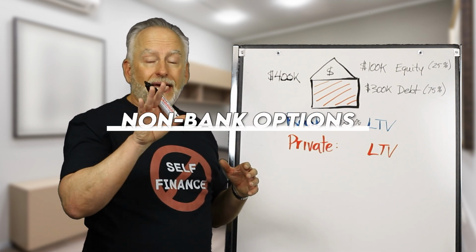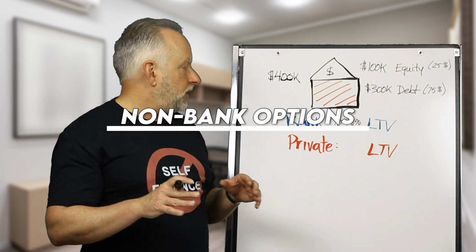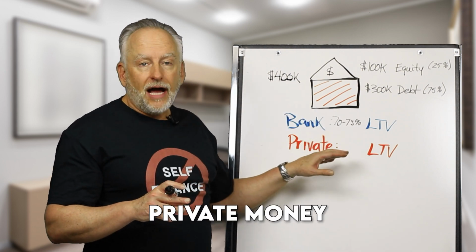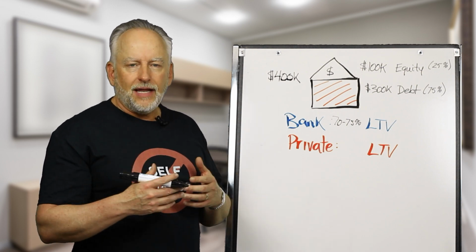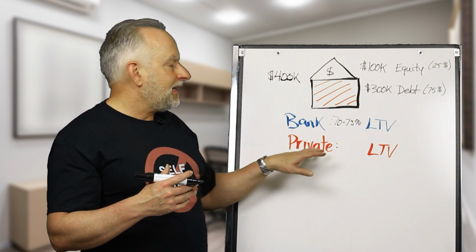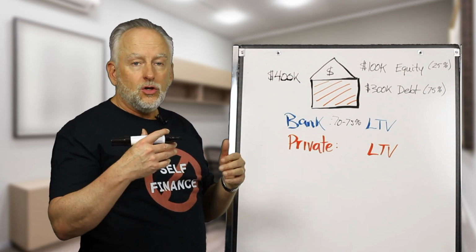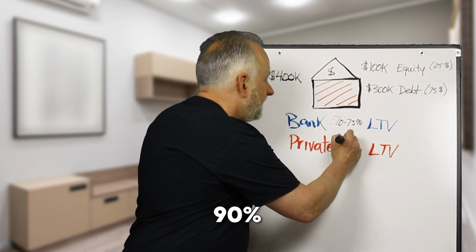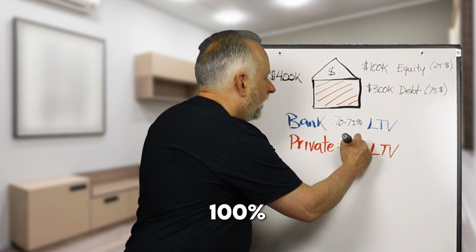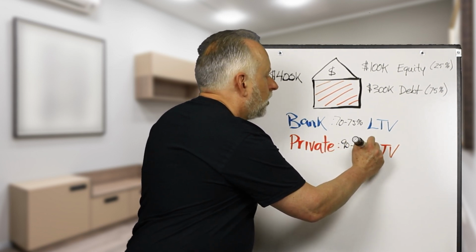Well, we have to look at non-bank options here. So we have to look at private money. Why do we want to look at private money? Because it's a lot more flexible. So if you're working with private lenders, depending on who you're working with, you could very well get in the range of 90 to 100% loan to value.